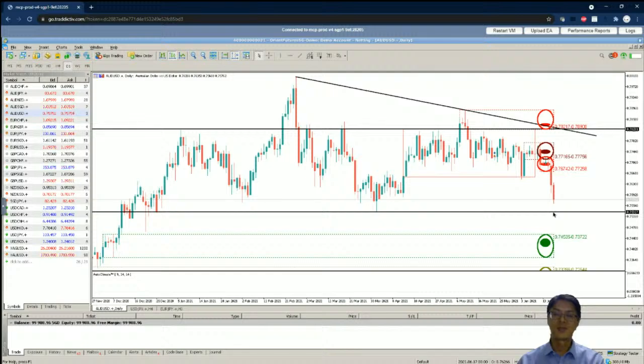You put a bit of a stop there, with the expectation it's going to head higher. That's if you want to do a counter trend trade. Otherwise, if you're looking for a trend trade, then you're going to have some sort of pullback to the higher end of the UFO, with the expectation it's either going to continue down or fall back again. So really, as we look at Aussie, that's what we are looking to do.